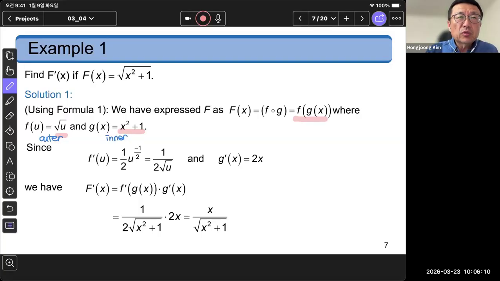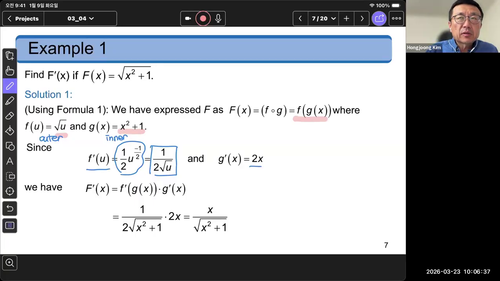What you need to do is first differentiate the outer function. Since the square root of u is considered, the derivative is 1/2 times u to the negative 1/2. And if you differentiate g of x, you get 2x.